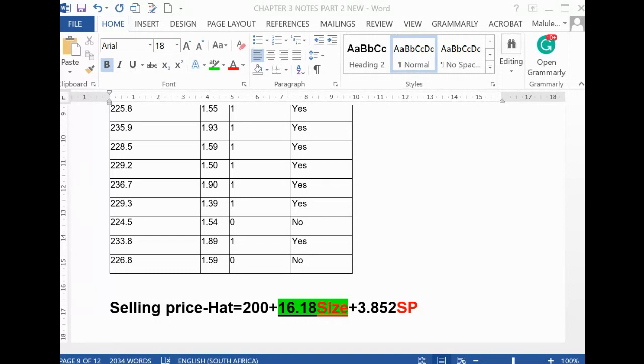Can someone maybe repeat what I've said? I want to check if you understood. Can someone try to explain that 3.852? Interpret that beta 2. Not forgetting that it was not numerical, it was what?